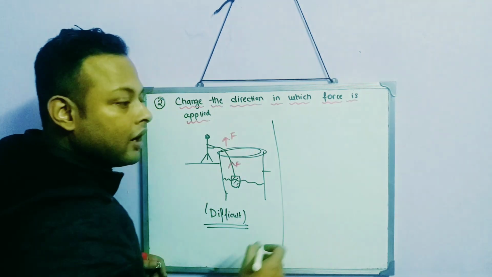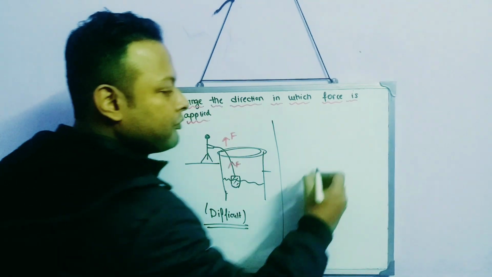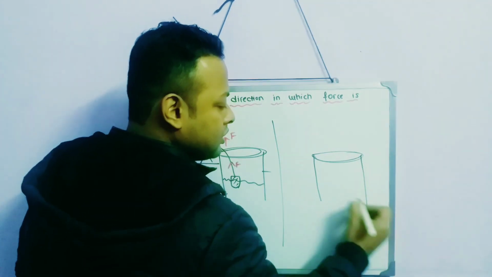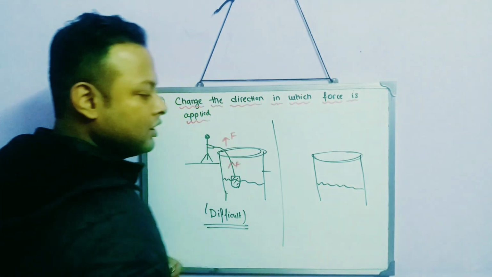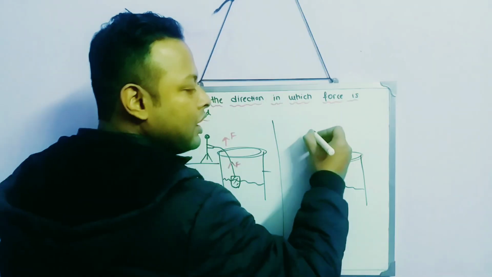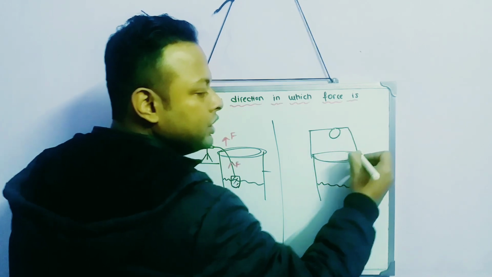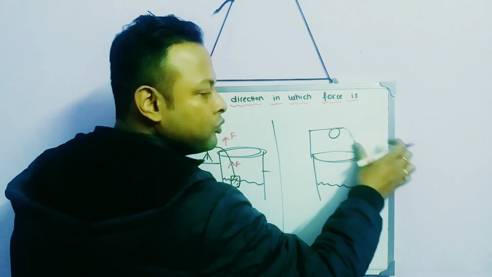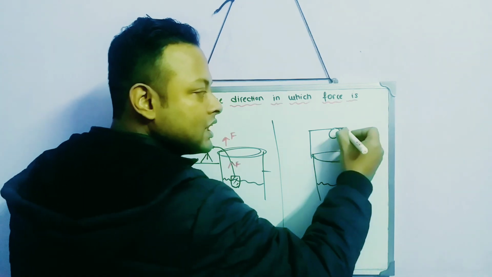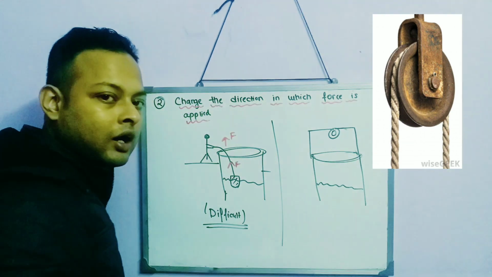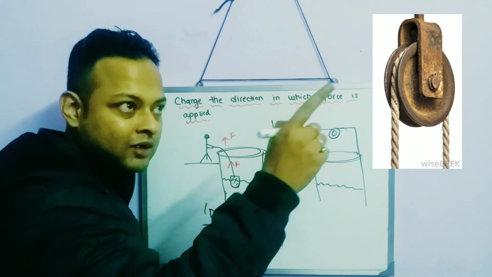But I can have a second scenario. Suppose I have the same well, same level of water as before, but now I have used a pulley system. Do you know what a pulley is? Pulley is like a wheel. We will discuss the pulley in the next class. But as of now, this is the diagram of the pulley.